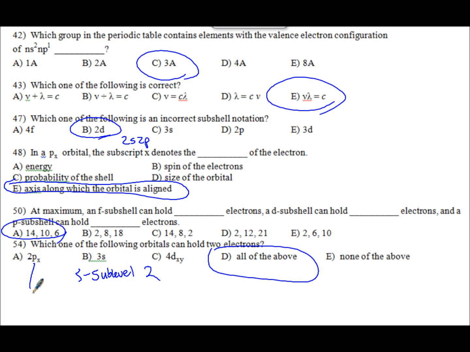The p sublevel has 3 orbitals, so it can hold 6 electrons. But each individual orbital is only holding 2. So orbitals can only ever hold 2. I could have done the same thing with d. The d sublevel has 5 orbitals, so the d sublevel can hold 10 electrons, but they'd be in pairs of 2 per orbital.